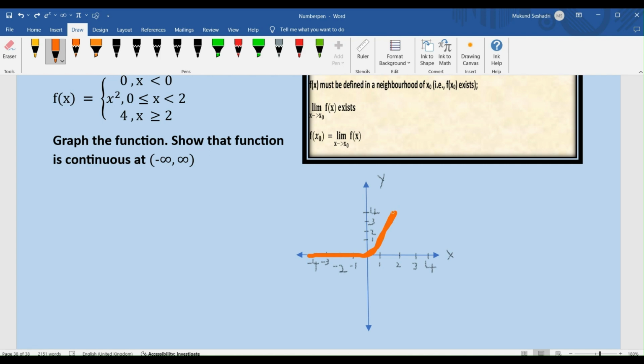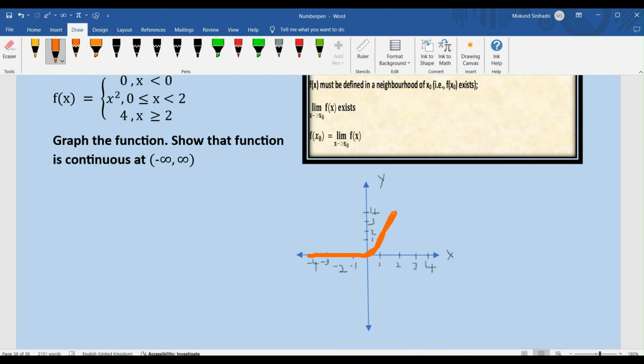So we don't have to extend this x square function beyond 2. And why is that? Because this particular function for x greater than or equal to 2 takes the value 4, right? So here again we see that at x equals 2 the function undergoes a transformation, right?